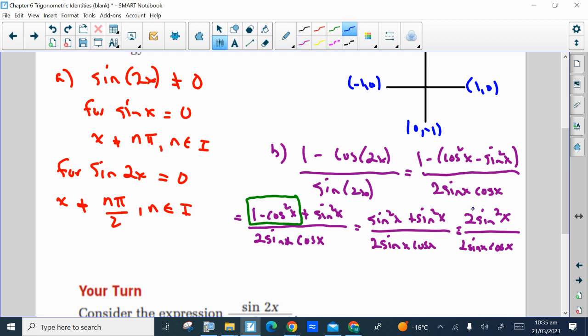We can divide top and bottom by 2. They will cancel. We can also divide top and bottom by a factor of sine x. And so we are left with sine x over cos x, which is tan x. So we've simplified it to a single trig function.